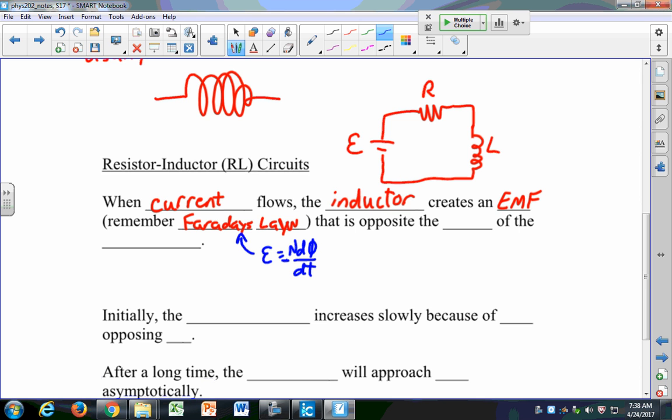So as I run a current through that inductor, it creates a magnetic field, and then it generates an EMF within that inductor.